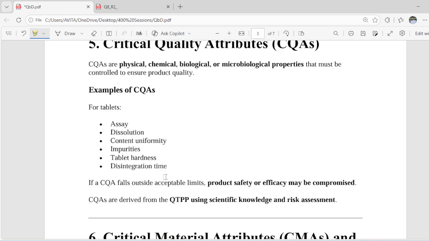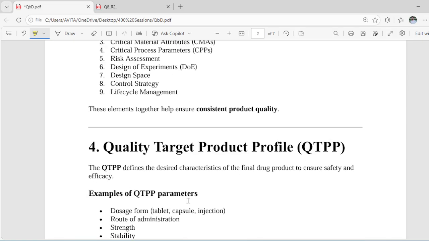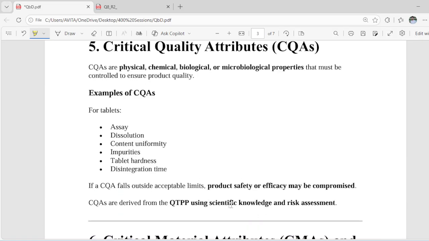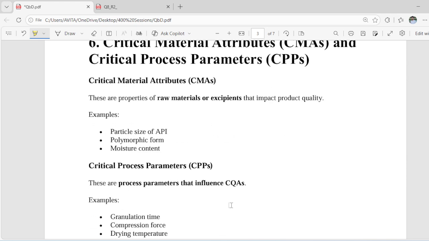If the critical quality attributes fall outside the acceptable limits, the product safety or efficacy may get compromised. So that's why these critical quality attributes are derived from the quality target product profile using scientific knowledge and risk assessment.